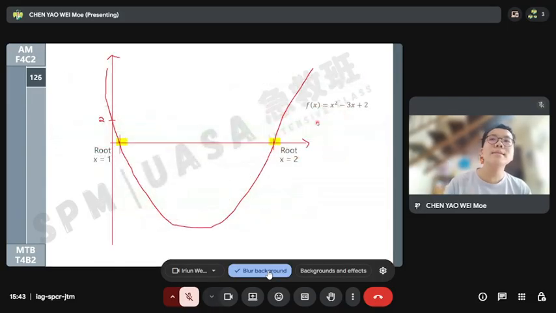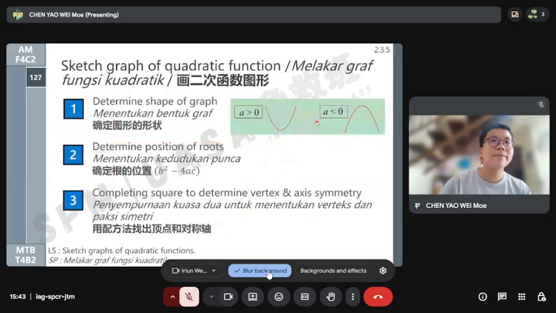Still remember this thing? Yes, I want to sketch a quadratic function. The same steps, okay, like maths. But today, because now I already know about b squared minus 4ac, the discriminant, I can use this to determine the position of roots.